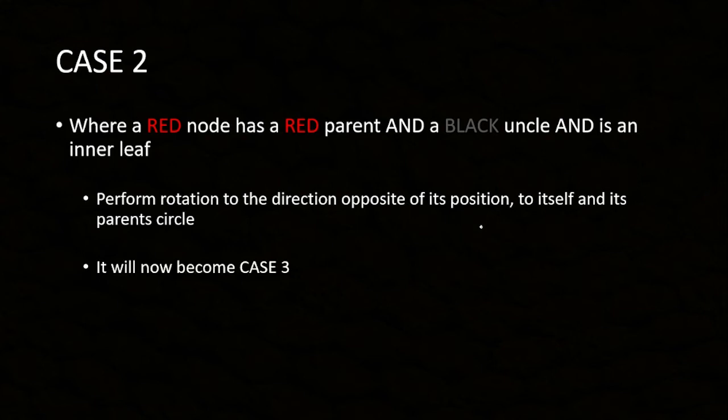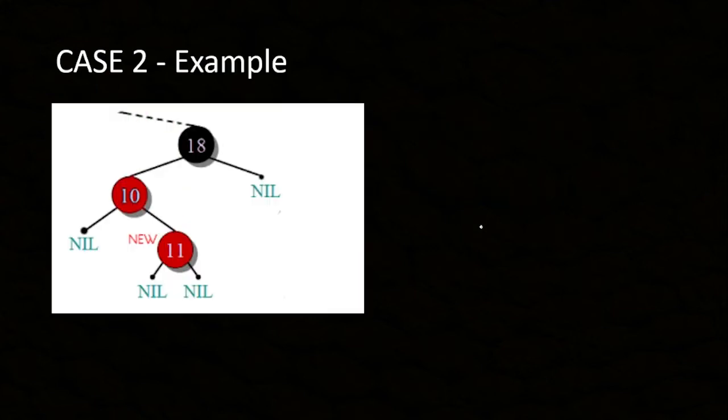Okay, so case 2 is a case where it now leads to case 3. Let's see the example. Case 2 example. So we have a new node here, and it's an inner node. So it's case 2, right? Because it's an inner node.